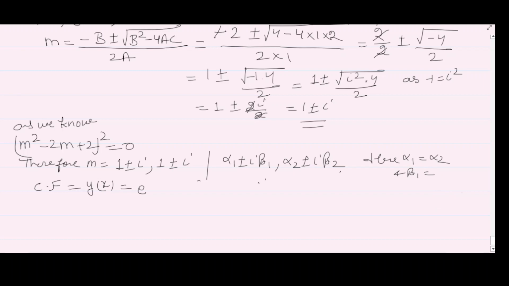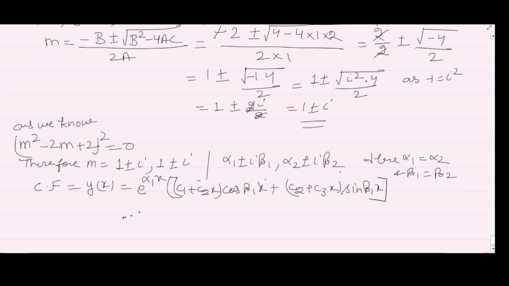Okay, beta 1 equal to beta 2. Then in that case the solution will be e to the power alpha 1 x (c1 plus c2 x) cos beta 1 x plus (c3 plus c4 x) sin beta 1 x.